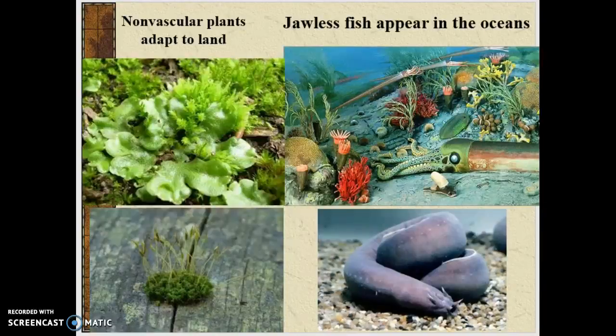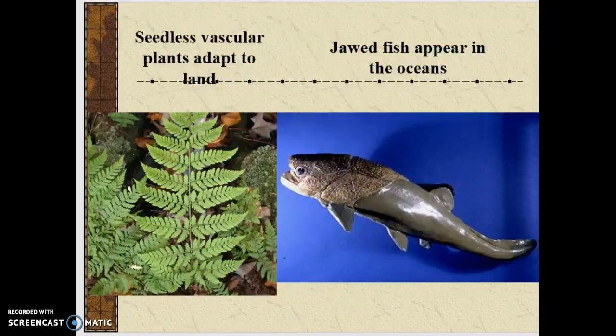Now, while life is adapting to land, it continues to change, and we see seedless vascular plants evolve. These plants are outcompeting the non-vascular. They become bigger, they become taller, they can outgrow the others, they can get more sunlight. They are still producing spores. They're not making seeds yet. But just getting bigger than that algae or that moss is enough.